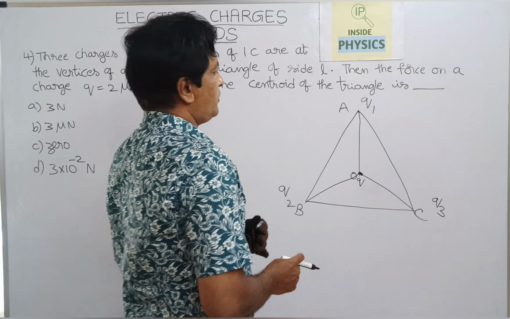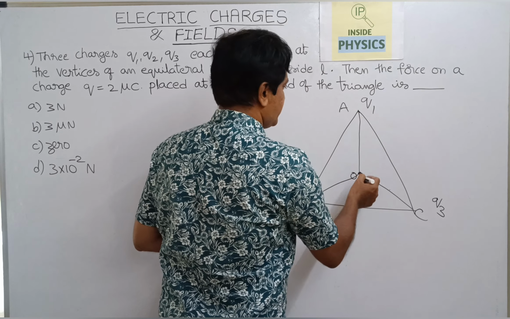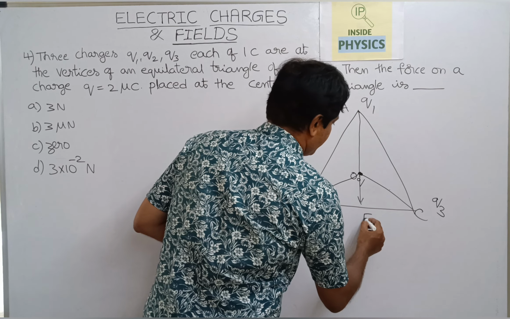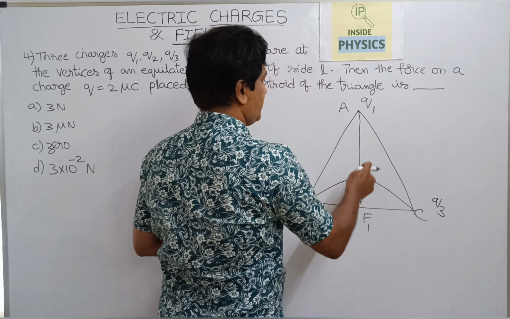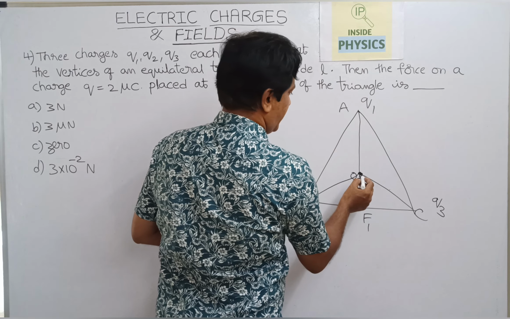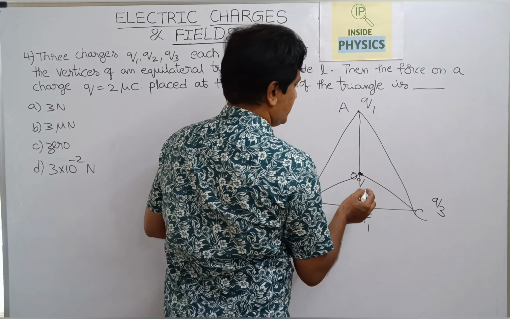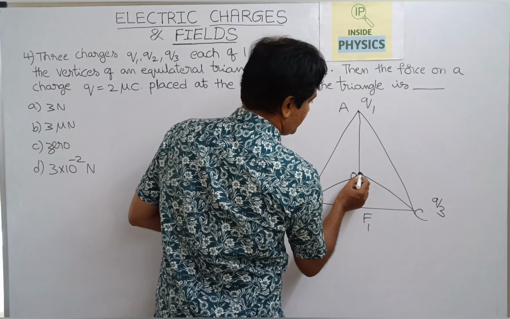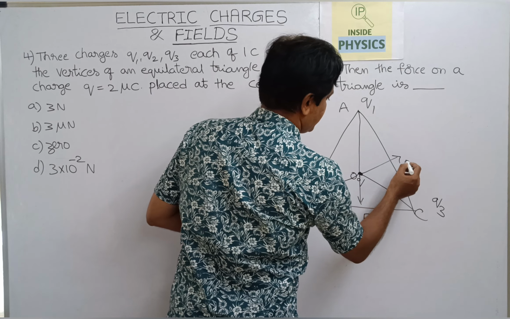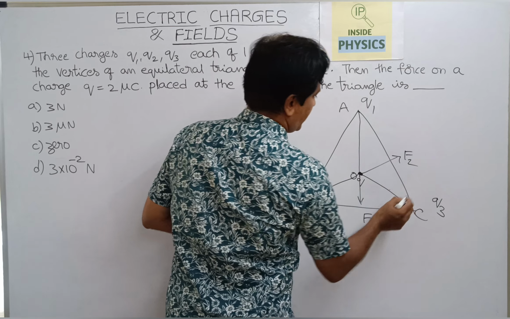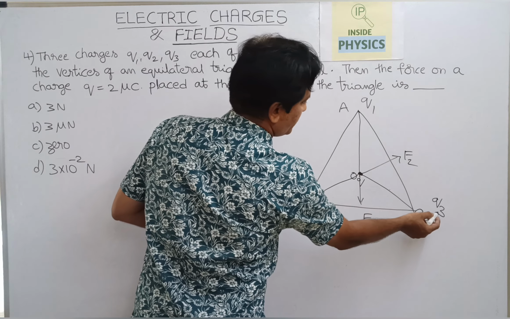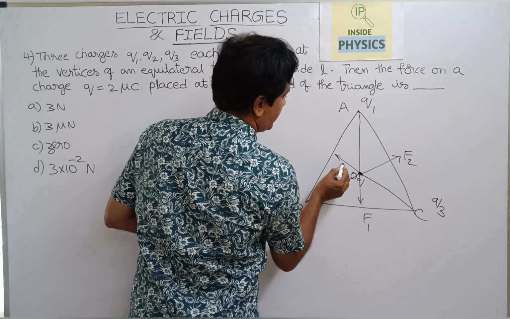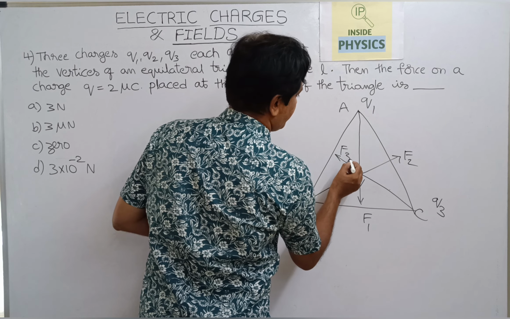The force experienced by this charge: the force between these two is F1, the force between the charge Q2 and the small charge q is F2, and the force between Q3 at C and this charge is in this direction. This is considered as F3.